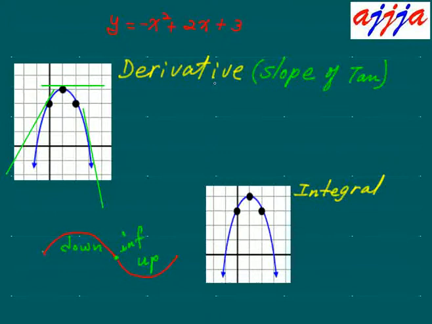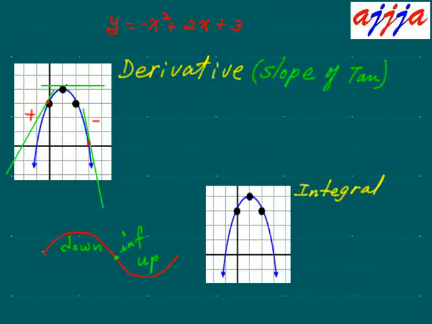Actually, in calculus we learn two major items. In this case, slope, another word for derivative. If we look at this tangent line at this point, there's going to be a positive slope. At this point, there's going to be a negative slope.